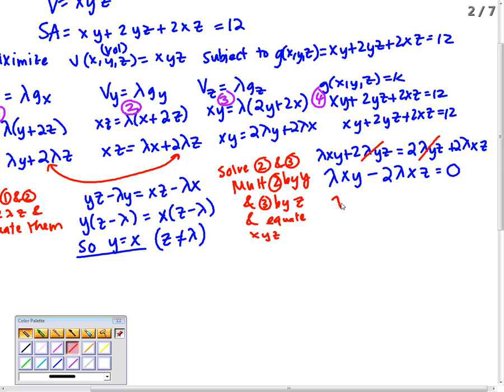So I'm going to factor out a lambda and an x. Okay, so I get y minus 2z, check me, equals 0. So either lambda is 0, or x is 0, or y equals 2z. Right?